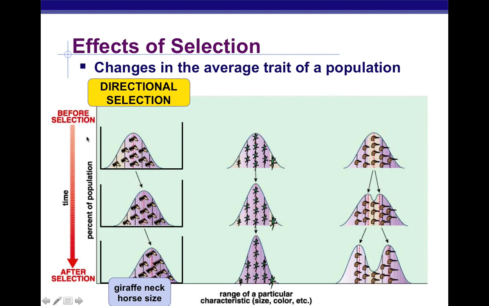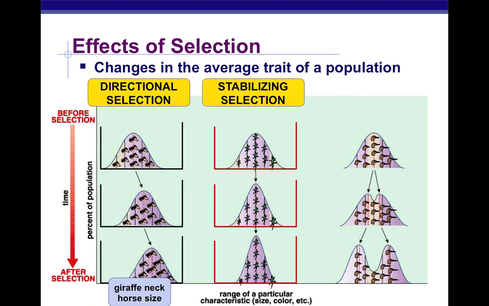So now all of a sudden the population shifts towards having a longer neck in giraffes, or being bigger in size for horses. And so the little necks or little horsies actually disappear, and you see the larger horse or long neck giraffe becoming the norm. That's called directional selection, where the whole population moves to a certain trait.